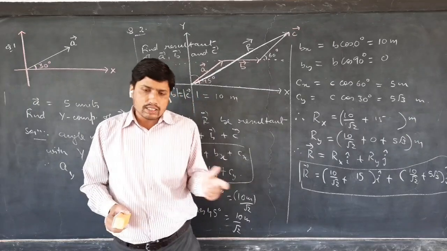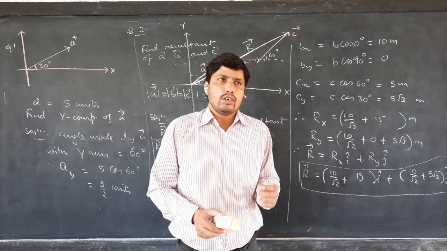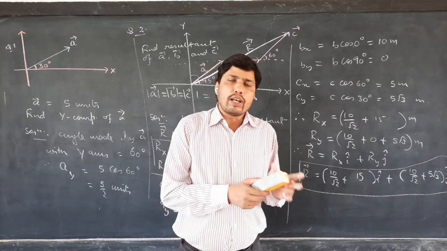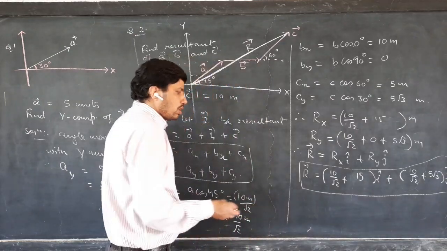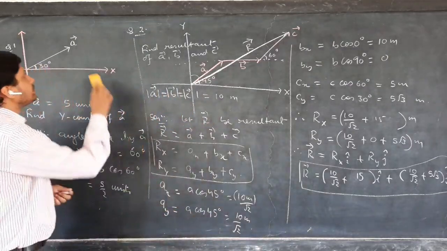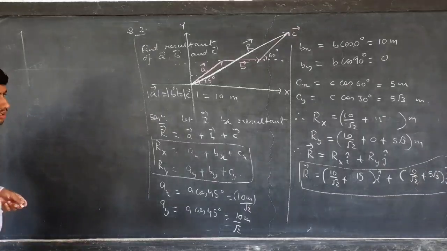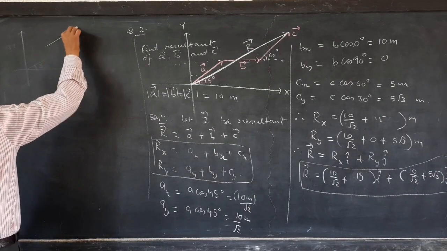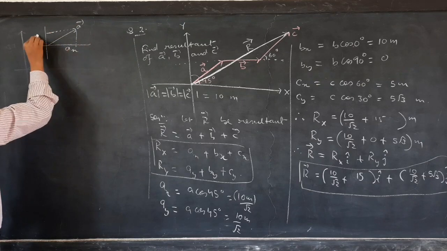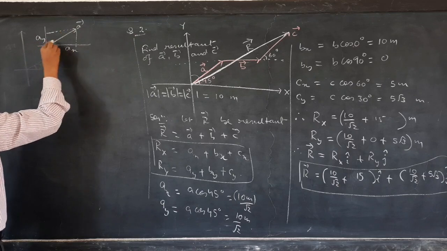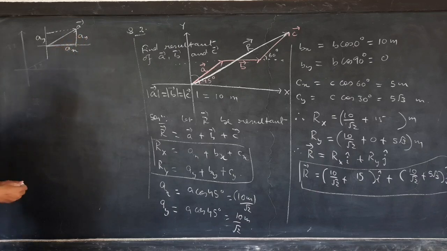Now, instead of asking for the component form, if in the question they have specifically asked for the magnitude or value of the resultant and its direction, then you'll proceed a bit more. Let me remind you, if we have any vector like so, then its x and y components are like so. This is ax, this is ay. So its magnitude is this length, which according to Pythagoras theorem can be obtained from ax and ay values, root under ax square plus ay square.